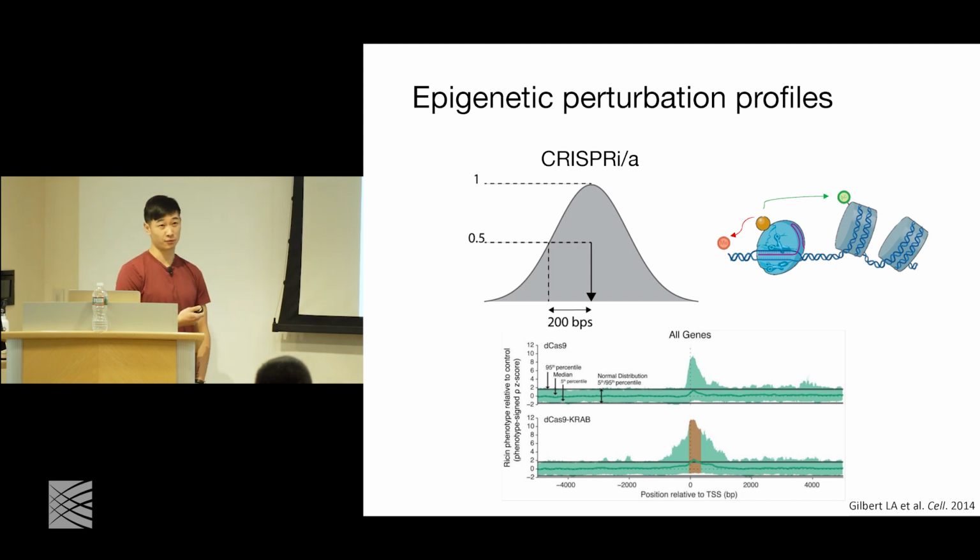Importantly, this perturbation profile is also guide dependent and target dependent, depending on chromatin accessibility and different histone marks that were native at that site. But from the different data sets, we have a general Gaussian window for it.